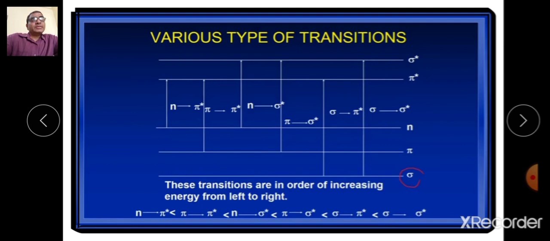Next one is sigma to pi star, and the final, highest energy is required for sigma bonding to sigma anti-bonding transition. Thus these are various types of electronic transitions. Let us proceed further.